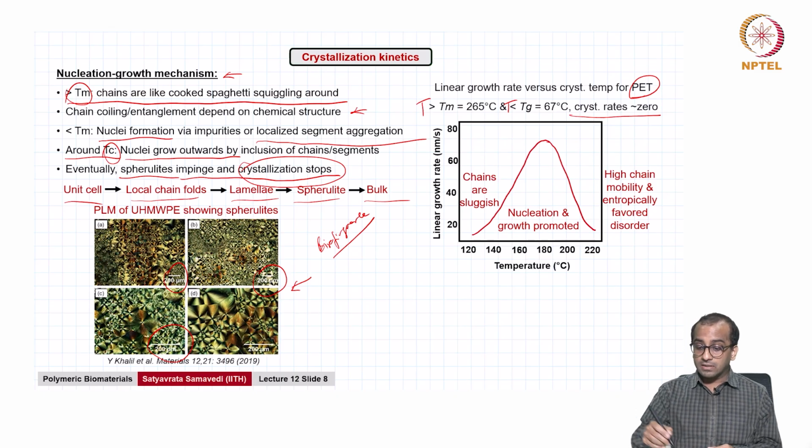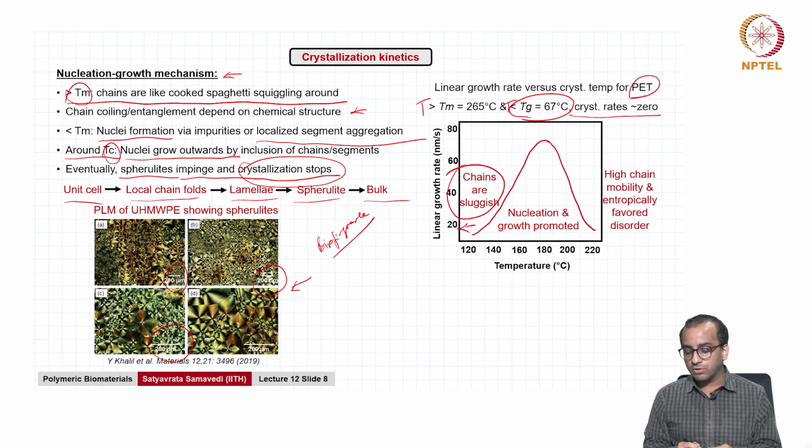Now, imagine the other extreme where you are looking at a glass transition temperature of 67. So, if you think of the region here where you are below or close to that, only slightly above that value, let us say close to 80 or 70, the chains start to become sluggish, molecular motion starts to get arrested, because remember, Tg represents the glass transition temperature, which is a transition from the glassy to the rubbery state, where mobility is enhanced above that temperature, and molecular motion is arrested below that temperature.